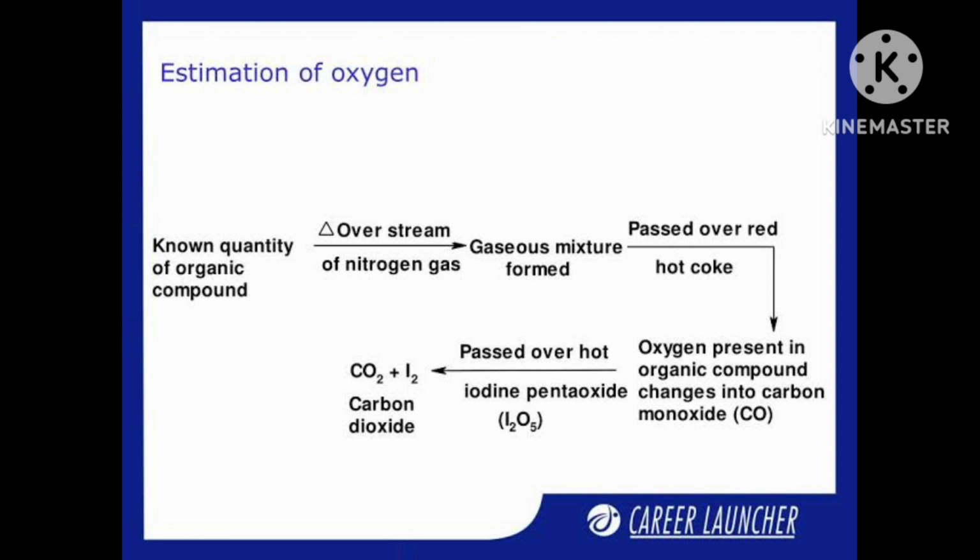Then just multiply by m1. 1877 gram phosphomolybdate contains 31 gram, then 1 gram, then m1 gram: 31 into m1 divided by 1877.